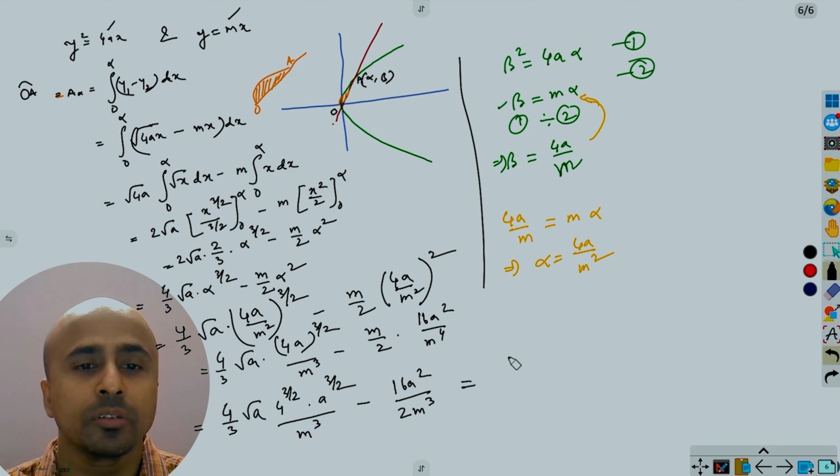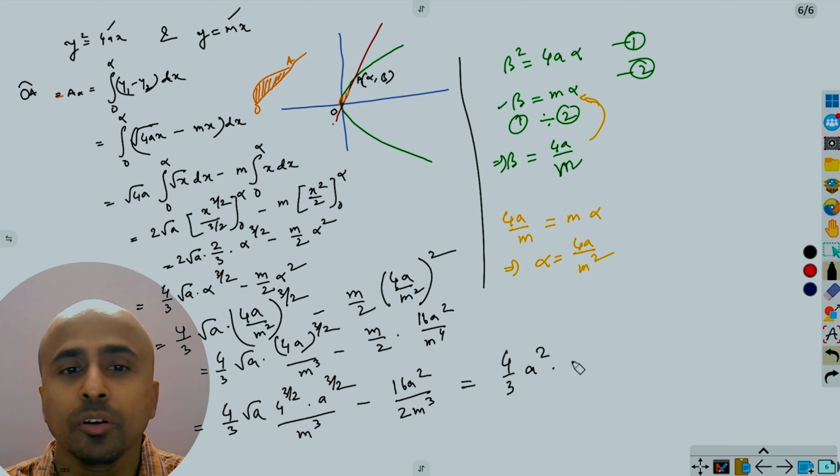This gives, now we have 4 by 3 a square times 4 to the power 3 by 2, which means 2 cube, and from here we have 16 by 2, which means 8.